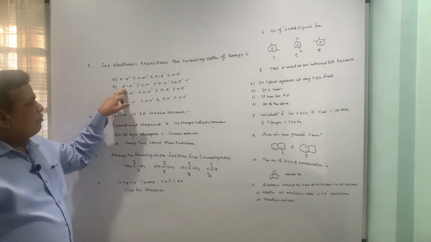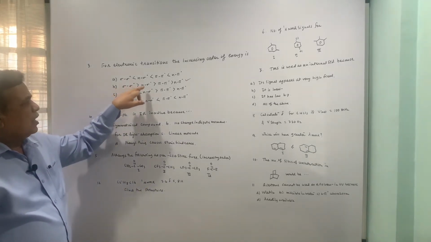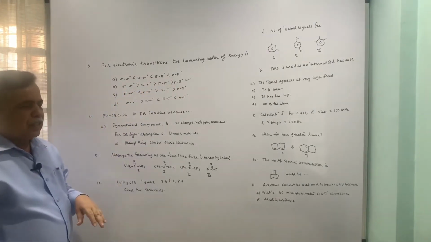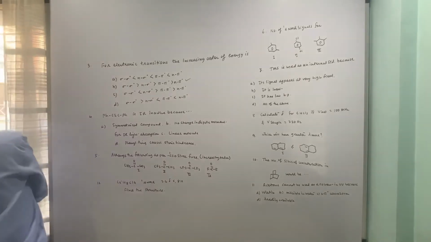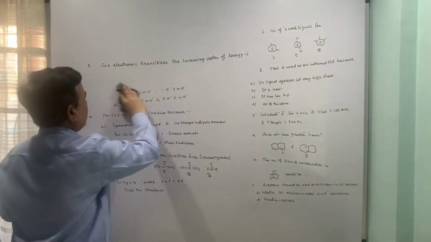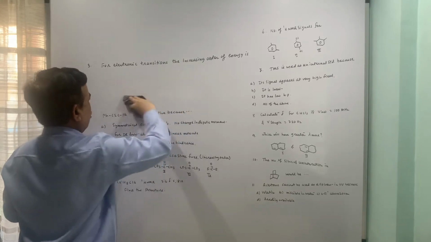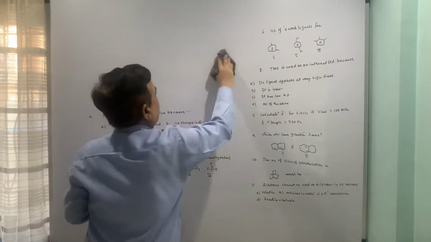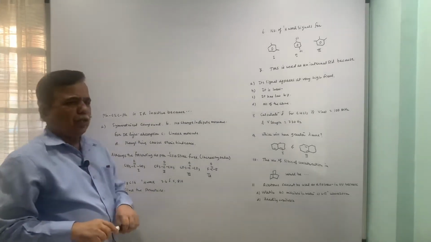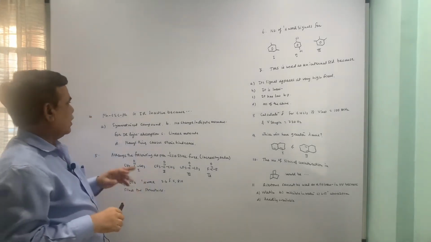Sigma sigma star would require maximum energy, then n sigma star, then pi pi star, and the least energy transition would be n pi star. The rest of the options are incorrect because somewhere the order is not proper. So you have to know that sigma sigma star requires more energy than any other.